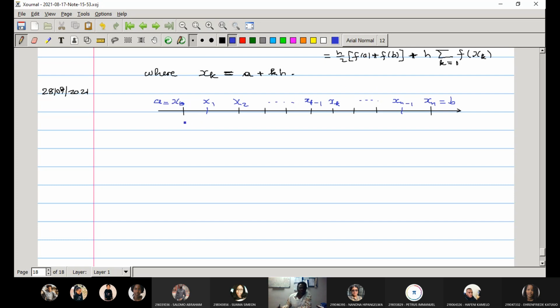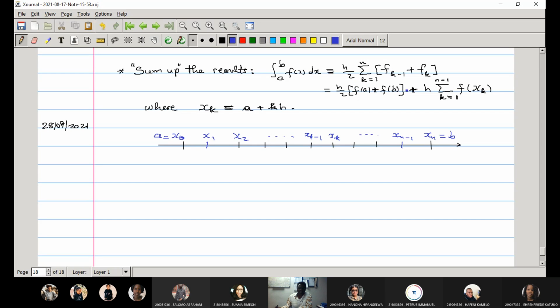So now, in the original summation, this one, when k is equal to 1, we are using f0 and f1, so we are here, these two. Obviously, if I say k equal to 1, I'm already using a point of the boundary, x0.